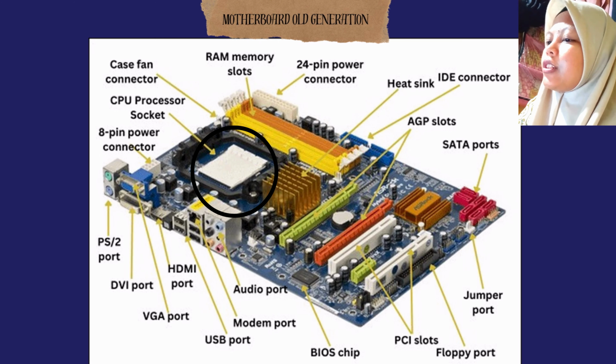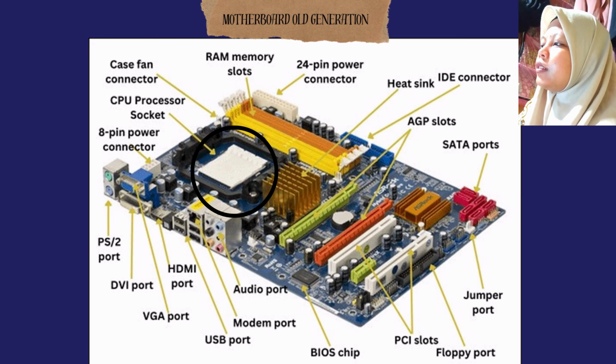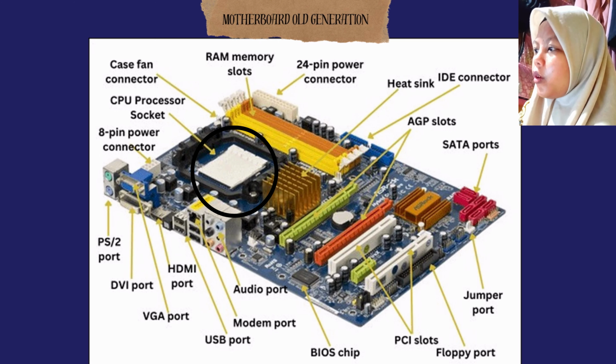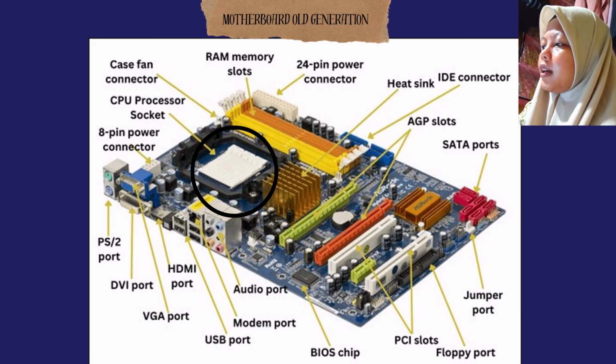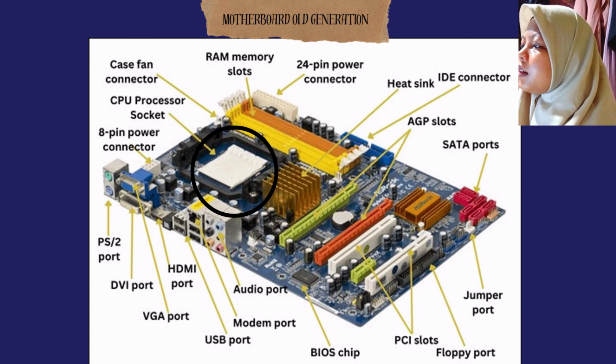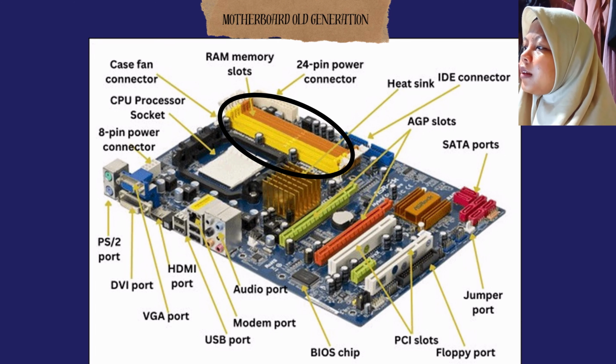Here is the general location of the main components on a motherboard. The CPU, or processor, is located at the top center, usually in a socket with a lock and surrounded by power lines and a cooling fan. Next, RAM.